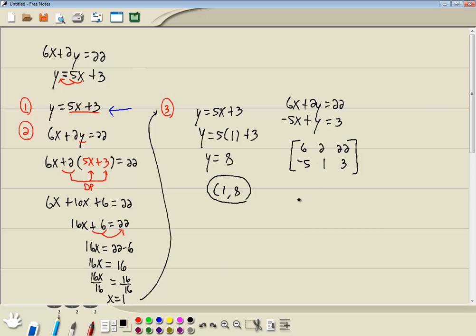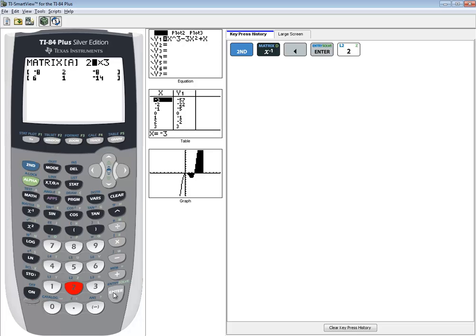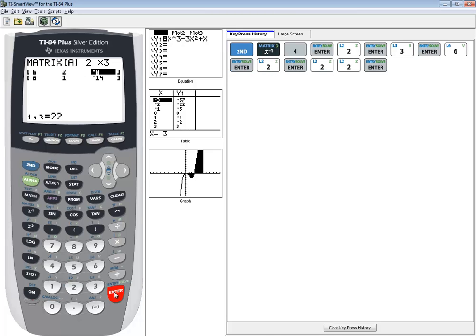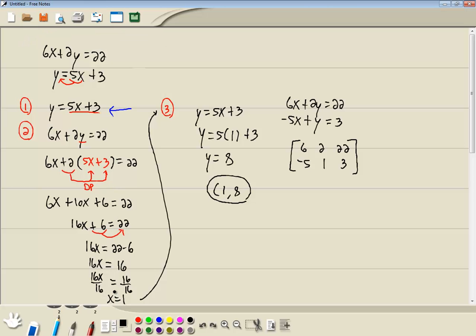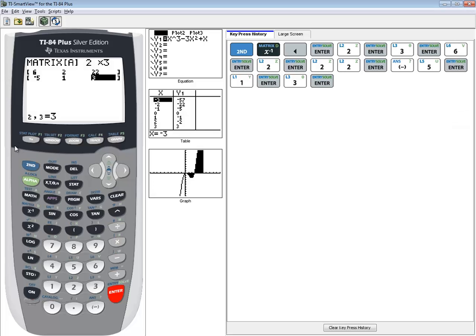So this would be a 2 by 3. So do 2 enter, 3 enter. And we got 6, 2, 22, negative 5, 1, and 3. And I'll exit out, so do second mode.